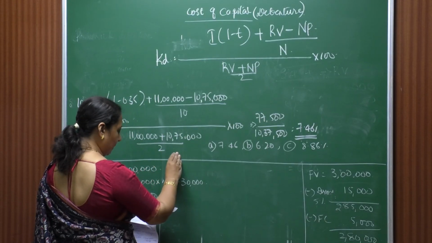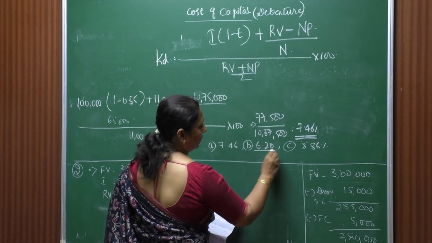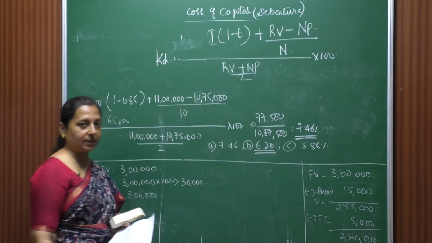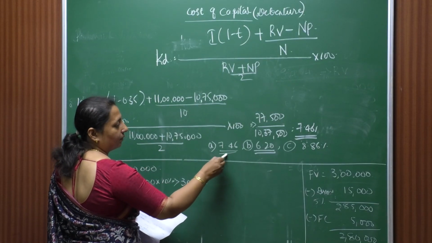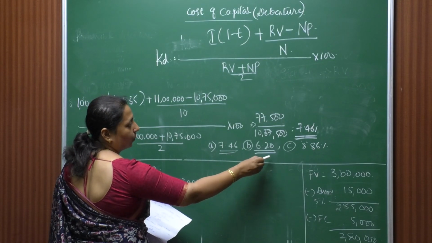So, at a premium you will get a cost of debt of 6.20. Cost of debt at par is 7.46, at premium 6.20.